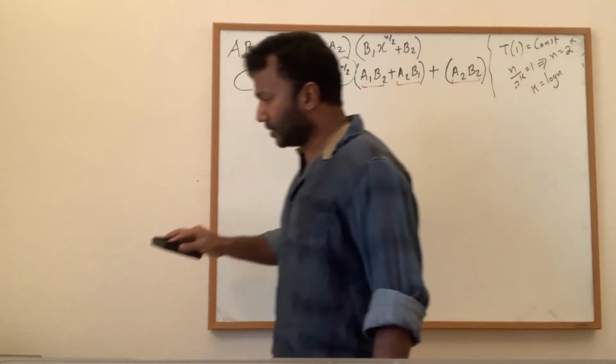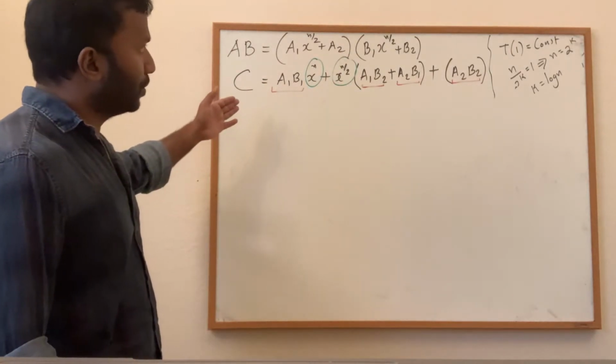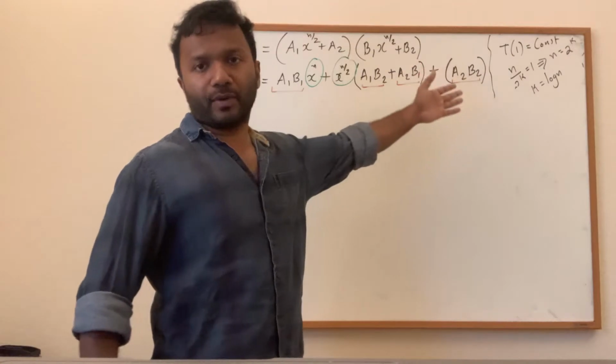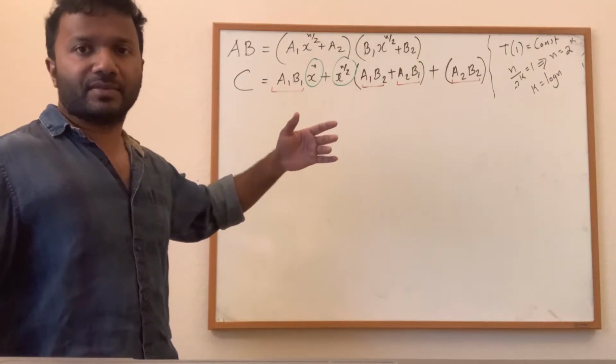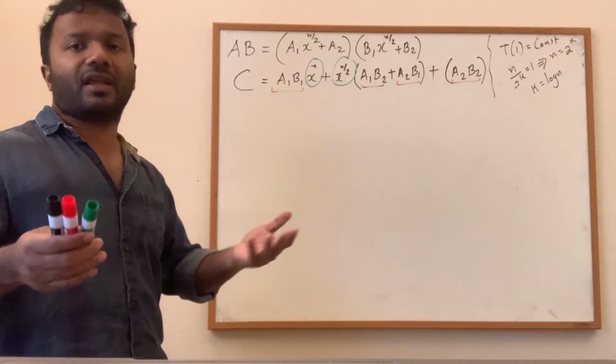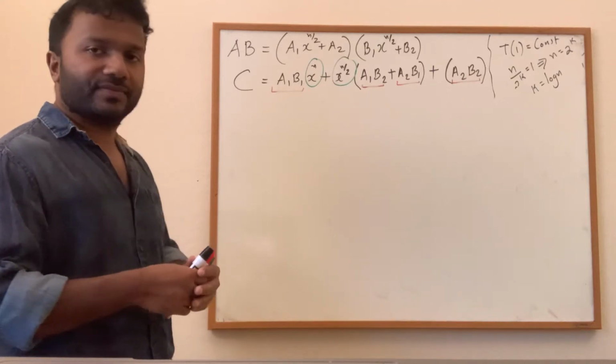Alright, so the lesson we learned from this is: if you break it down into 4 subproblems, where each subproblem is a multiplication of n over 2-digit numbers, we will not get anything better.